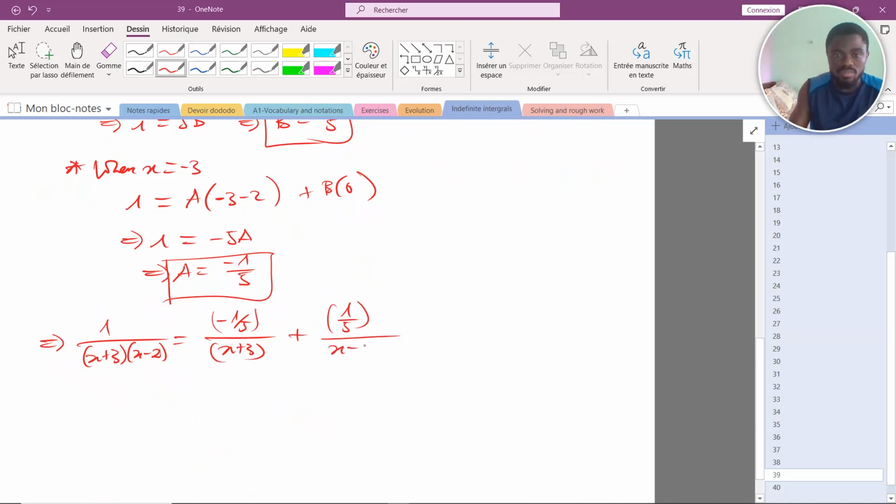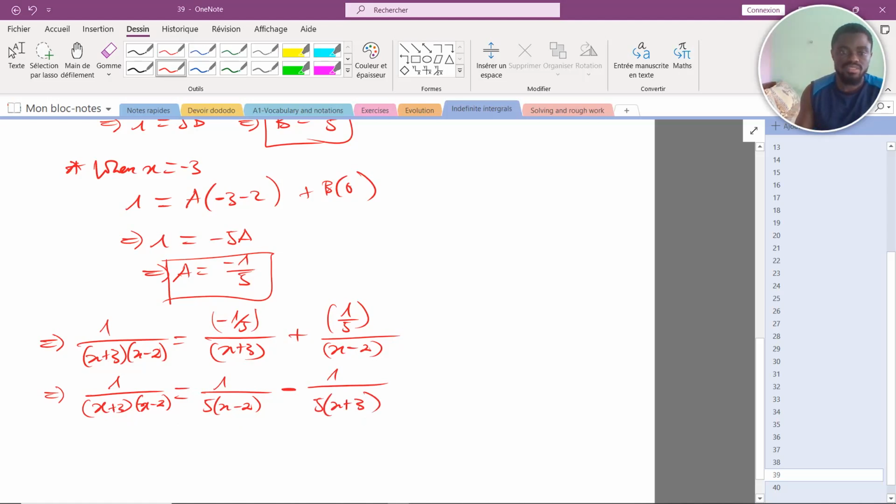All over x minus 2. So it implies 1 on the x plus 3 into x minus 2 must be equals to, I'll bring this in front, 1 on 5 into x minus 2 minus, because there is a minus here, 1 all over 5 into x plus 3.